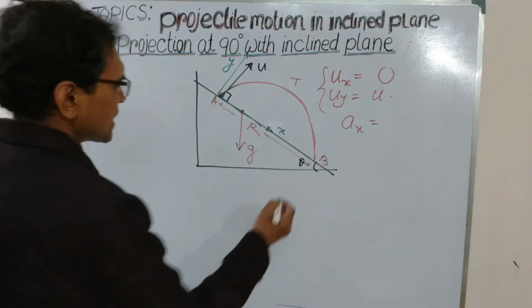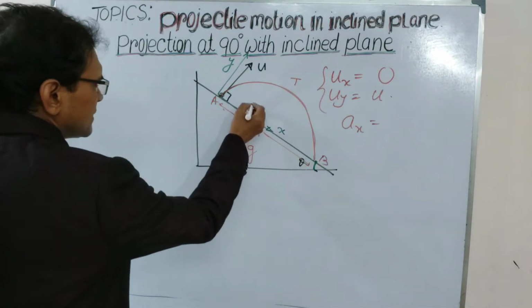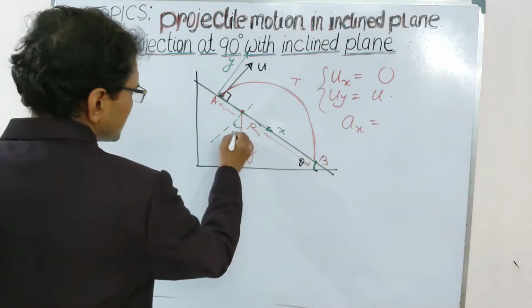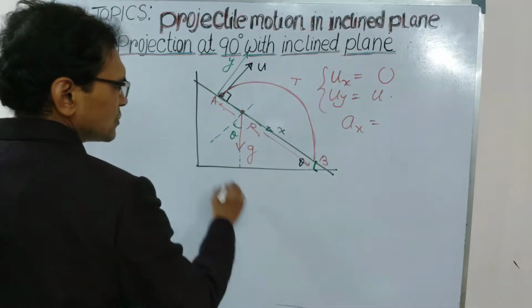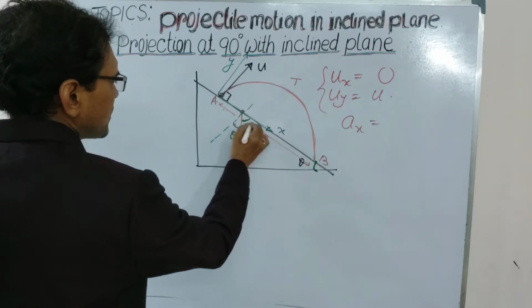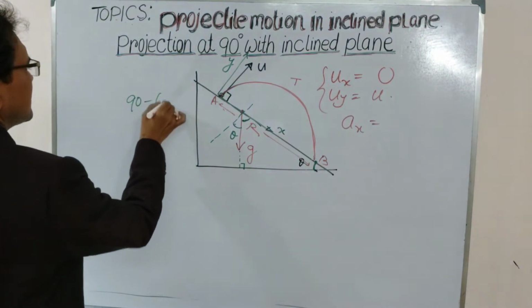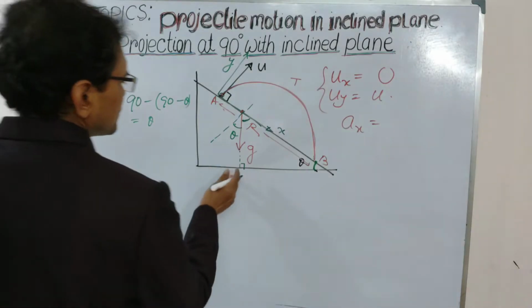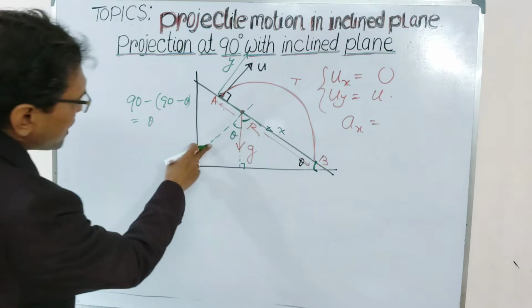If this angle is theta, then this is also theta. How? This is theta, this is 90, so this is 90 minus theta, and 90 minus that is theta. So this angle is theta. Now what is the component of g along this?